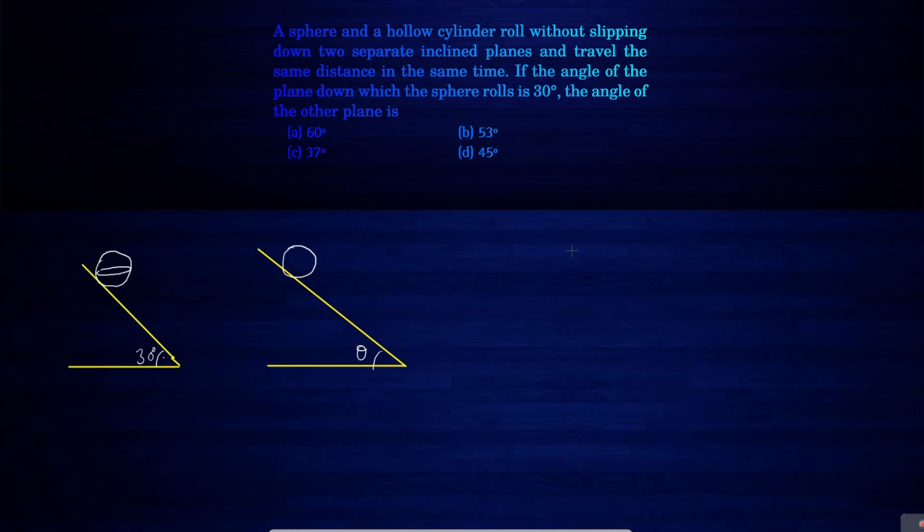Okay, let's write equations for this sphere. This will be mg, and as this is theta, this is 90 minus theta. So this is 90 minus theta and this will be mg sin theta.